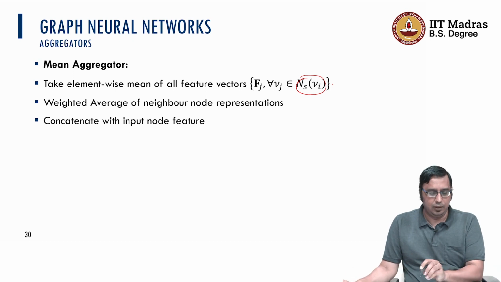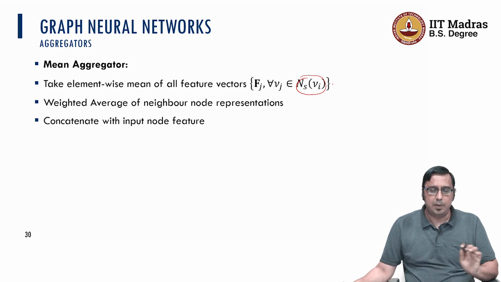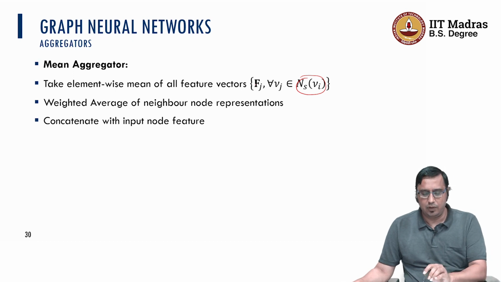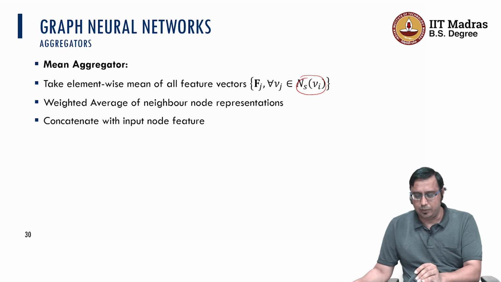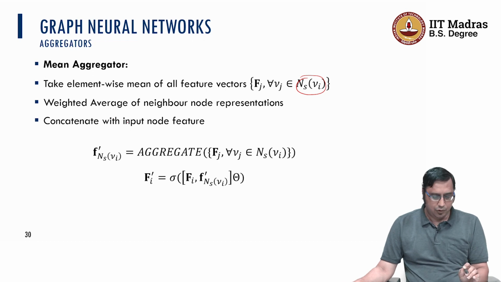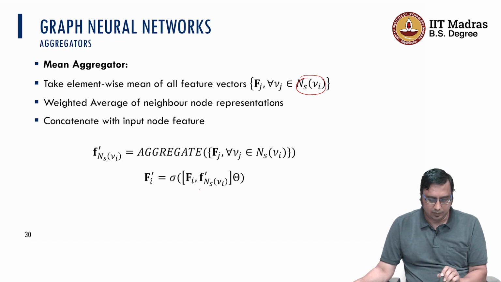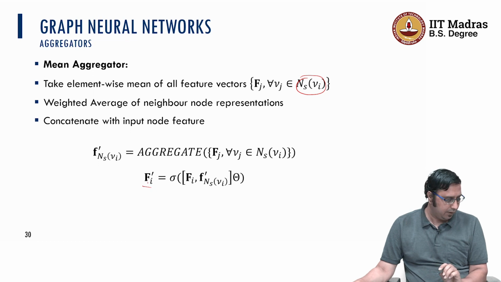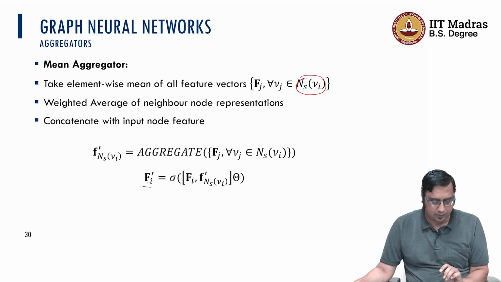So we just do element-wise averaging of all the features which were sampled in the first step. Here we take a weighted average of the neighbors as a node representation, and again we concatenate with the input features to get back our filtered features F'i.